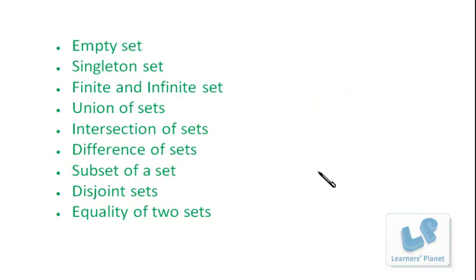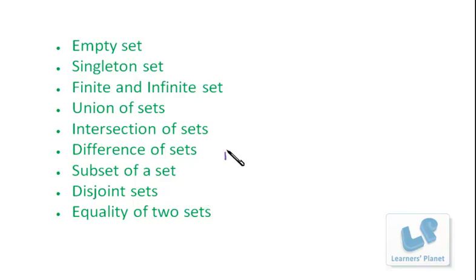Now next is disjoint sets. Now we discussed about intersections and now we are going to discuss about disjoint sets. Now what are disjoint sets? The sets which are having no common data, right? Suppose set A is the set of even numbers and B is set of odd numbers. Now there is no common term between these two, right?